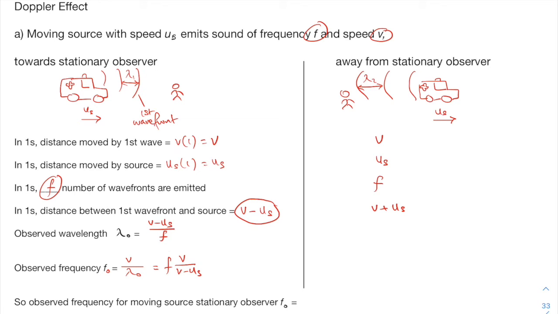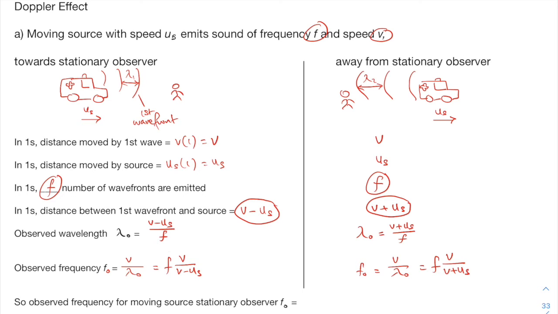So therefore, the observed wavelength similarly would be this distance occupying this number of waves. So it would be v plus u subscript s divided by f. So finally, the observed frequency f naught would be v over the observed wavelength, and it would be f v over v plus u subscript s.